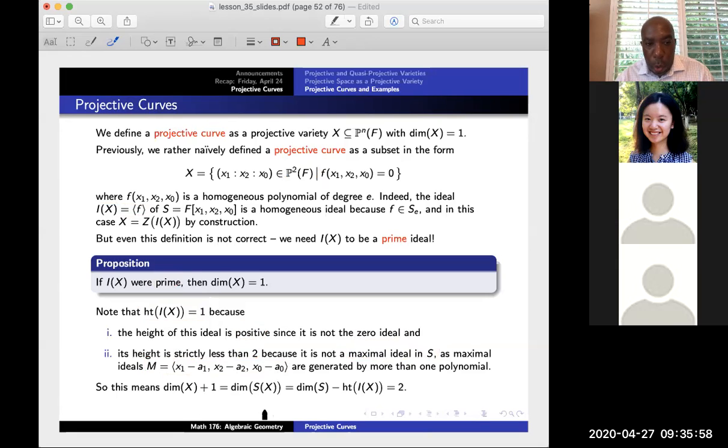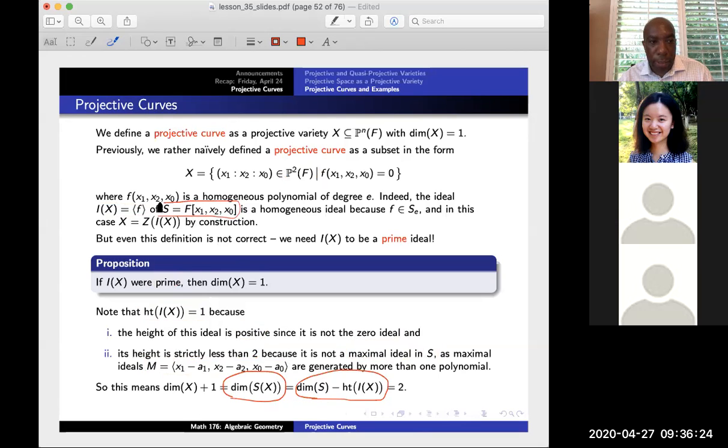So remember that there was a homework problem where I wanted you to show that the dimension of S over I of X has to be this difference here: the dimension of the ring minus the height of the ideal. So the dimension here of S, we know is 3, because it's generated by these 3 variables, x1, x2, x0. Right, so I'll circle this here.